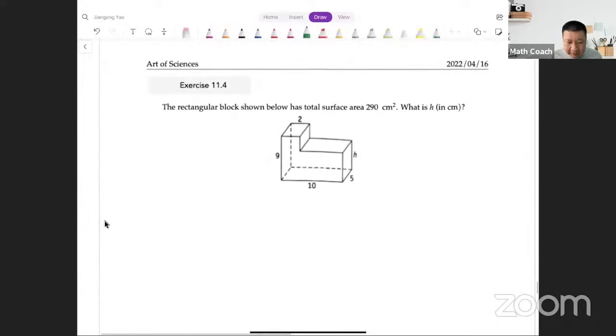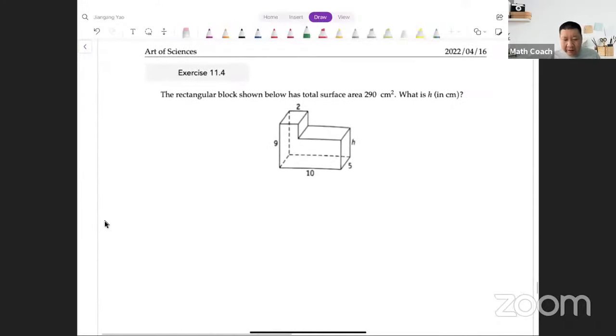Next question. The rectangular block shown below has a total surface area of 290 square centimeters. What is the height in centimeters? Go ahead, 88. And the answer is wrong. And 89, now you have 45 seconds to do it.